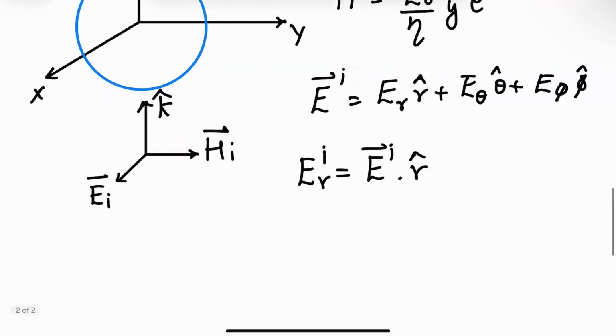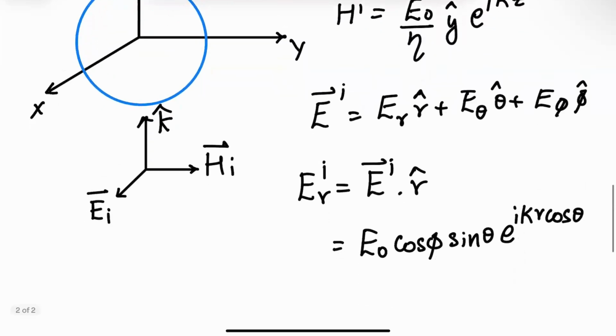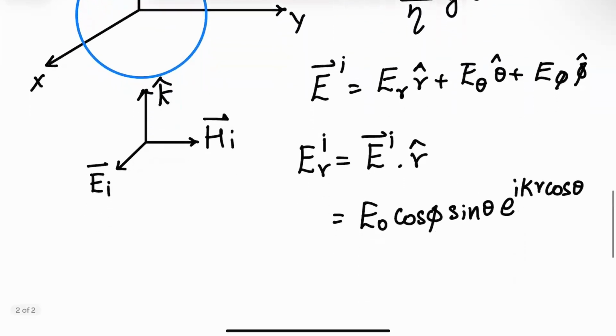That's the definition of the r component. And that turns out to be E naught cosine phi sine theta e to the ikr cosine theta. So I substituted z equal to r cosine theta, and then I took x hat dot r hat. And r hat is nothing but x hat sine theta cosine phi. So when you take the dot product, you get this.